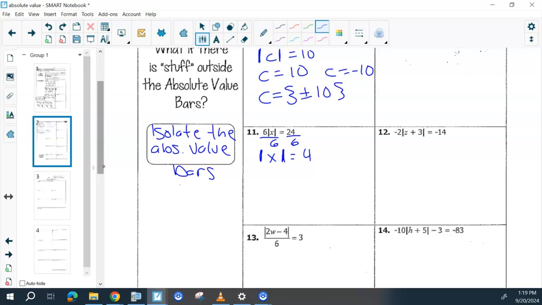Then we can drop the absolute value bars, set that equal to a positive and negative 4, and then the solution will be the same. 5 divided by 6. These two are next to each other, so they're multiplying. The only way to get rid of it is to reverse it. Other questions on 11?